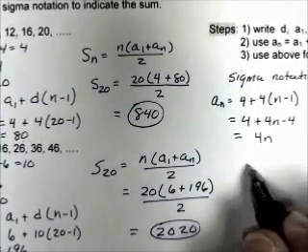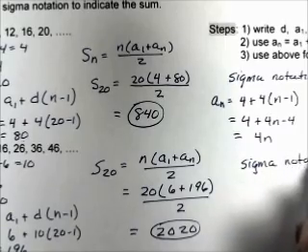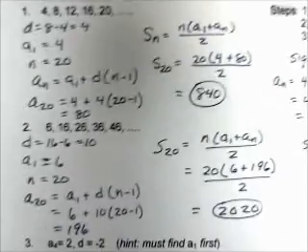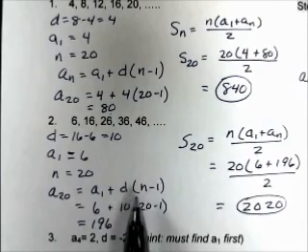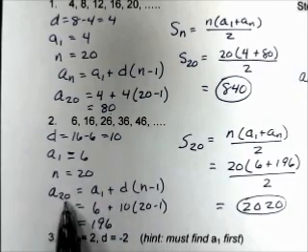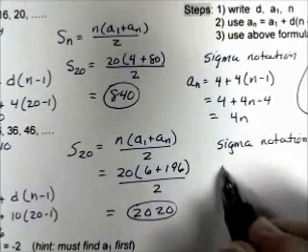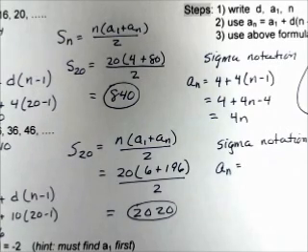Next, sigma notation. We need to come up with the rule. So we're going back to this formula, but only leaving A sub n as our variable.